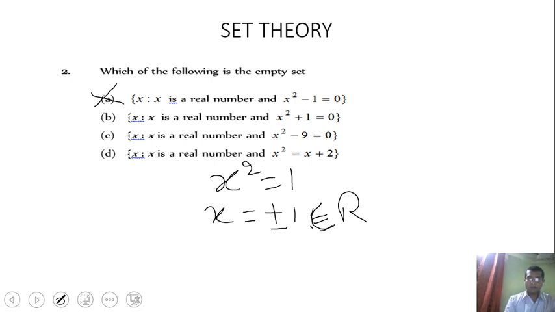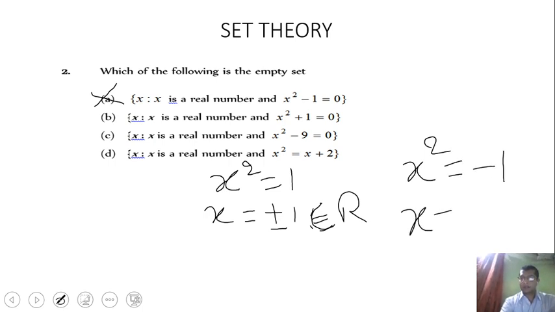Second expression, x is such that x is a real number and x square plus 1 equal to 0. If we simplify this, we get x square equal to minus 1, x equal to plus or minus under the square root of minus 1.